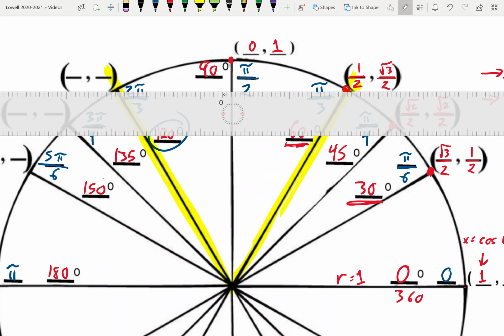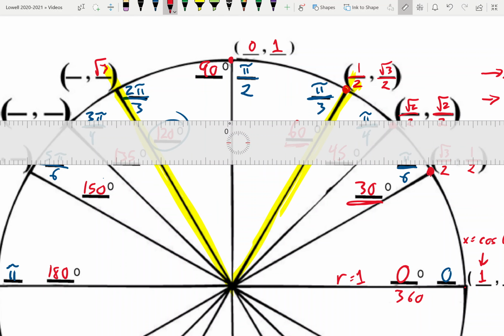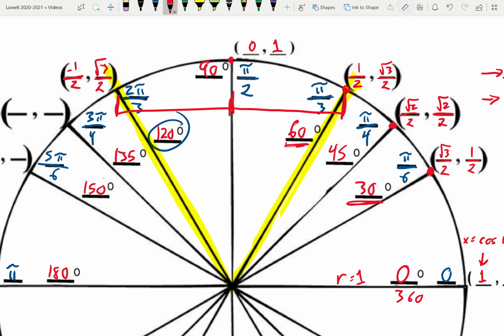And so it makes sense that they're both root 3 over 2. If the 60 degree angle has a y value of root 3 over 2, then so should the 120. And likewise, this horizontal distance here should be the exact same as this horizontal distance there. So if it's 1/2 to the right on the 60 degree, it should be 1/2 just to the left now for the 120 degrees.